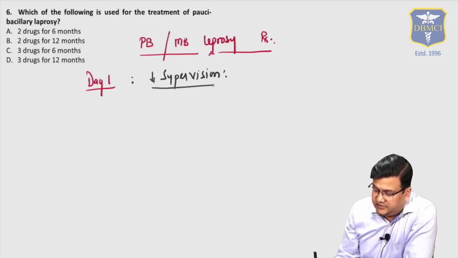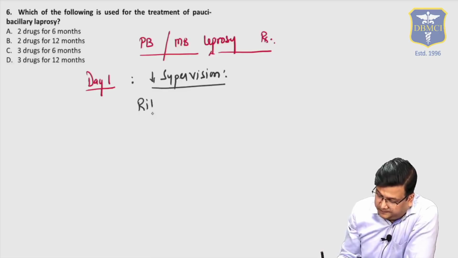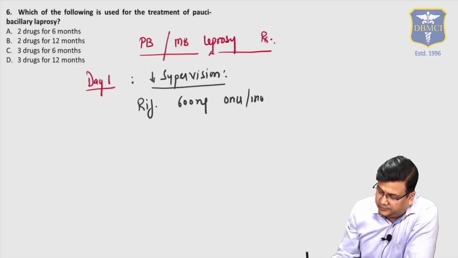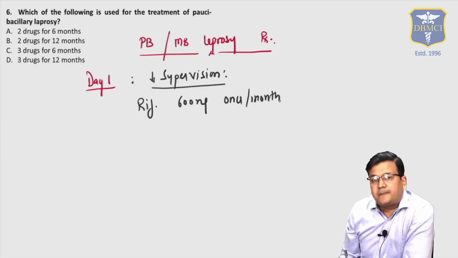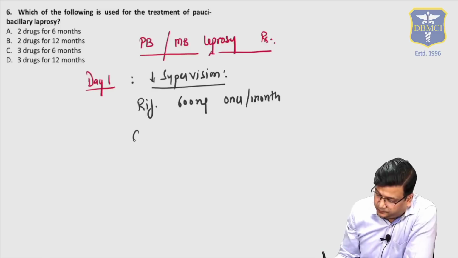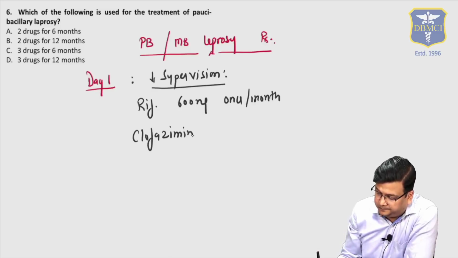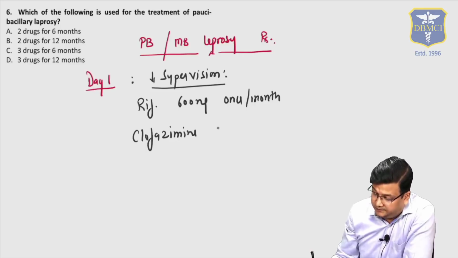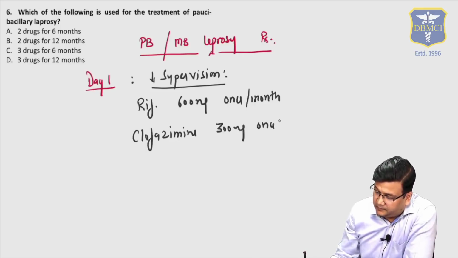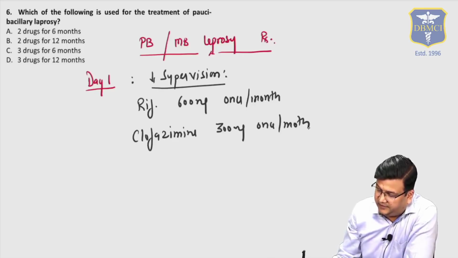Under supervision means in front of the healthcare worker, he will take rifampicin 600 milligram once in a month. Then he will take clofazimine, half of rifampicin, so 300 milligram once a month he will take.